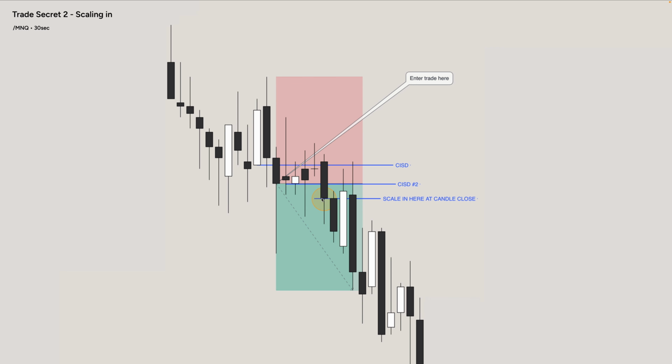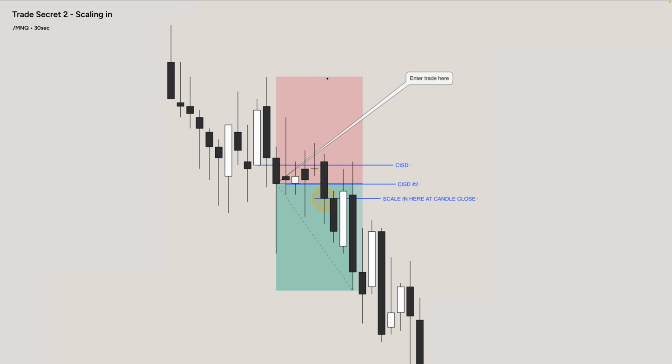Now, you have to be very careful to not scale in too much, because the most important thing is always to be able to manage your risk. Always protect your capital. So in this case, because I want to max risk $100 on this trade, I will probably scale in a couple of micro contracts to the likes of an extra $40. As soon as I've added these extra contracts in, I'm going to manage my risk and I'm going to move my stop loss down to just above this new swing high here.